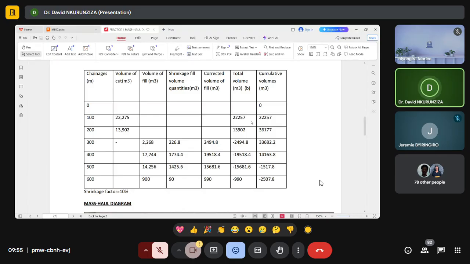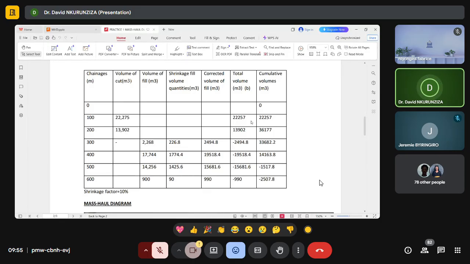Then all fill materials, how do we call again the fill materials? Fill materials are also known as embankments. Fill materials or embankments are treated as negative volumes. Why do we treat them as negative volumes?